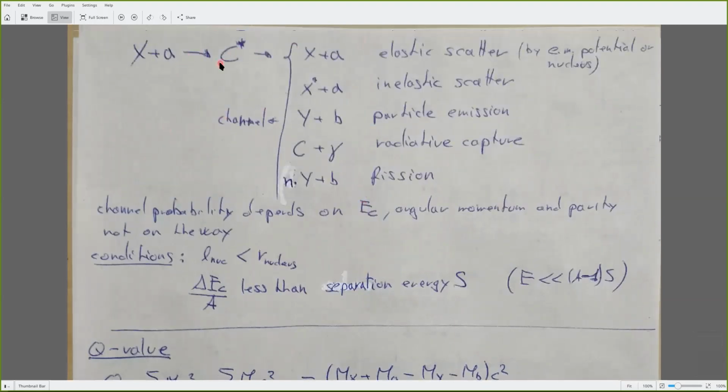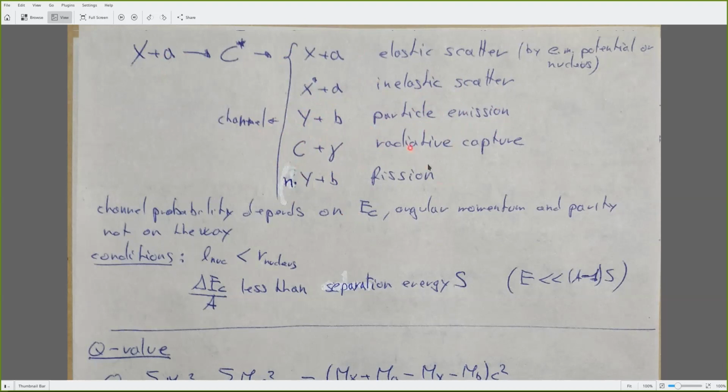In an interaction, we create a compound nuclide, but we have several channels by which it can exit the reaction. In elastic scattering, the particles are not changed. In our case, it's not the nuclear reaction we want. We can have the reaction that we are considering, if we unify the particles and exit a subparticle, or if you have a fusion or a fission.